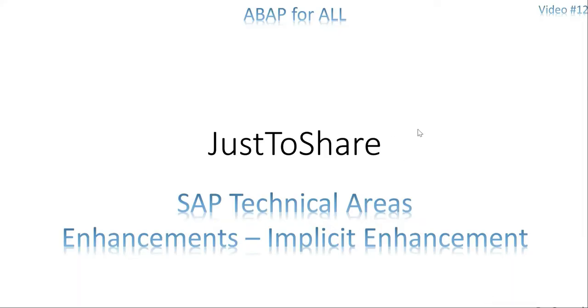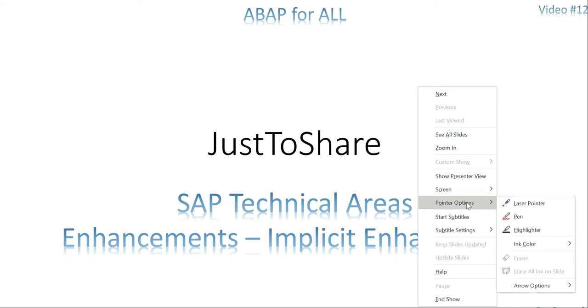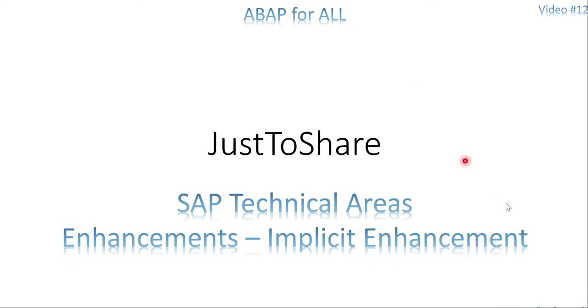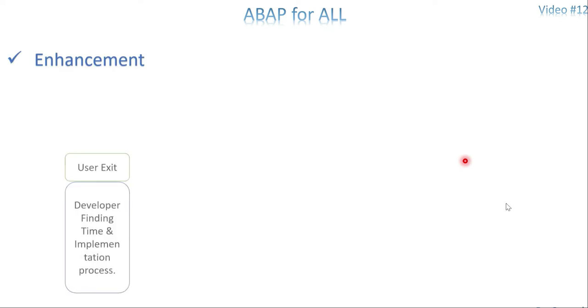So let's get into the details about implicit enhancement. I have a few slides to understand how we moved forward from user exit to this place. Just as a reference, like user exit, the green box is from SAP, so they decided to provide an option for a user or a customer who wants to implement their own code, because it's a product, right?